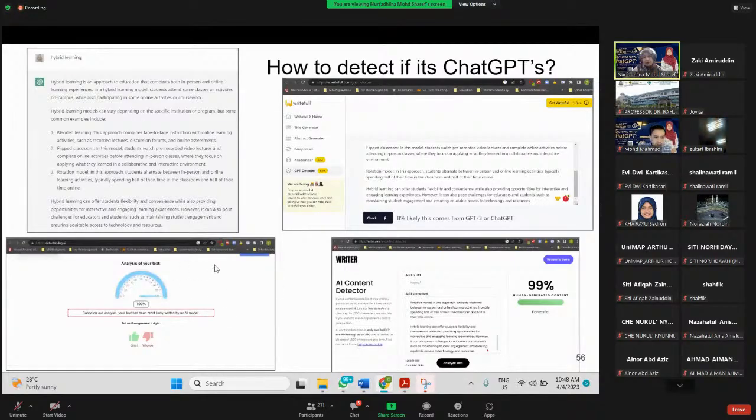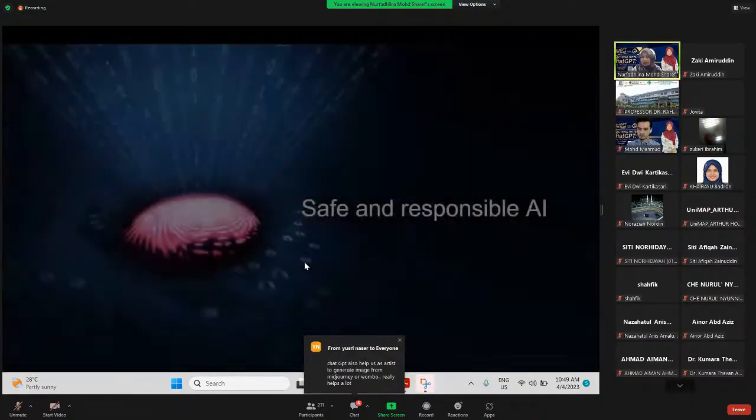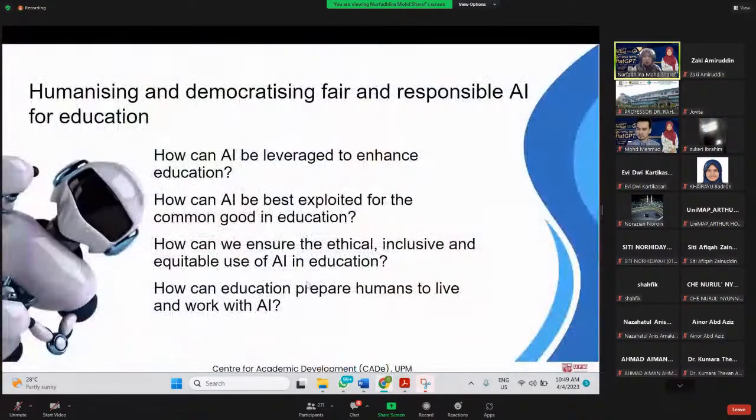Although you can say 2 out of 3 say it is by ChatGPT, I would argue that it's not really important for us to police whether it is written by ChatGPT or not, because we need to look at the core content rather than worrying about the writing style, unless you're from the language department and it's very important for you to look at the language.